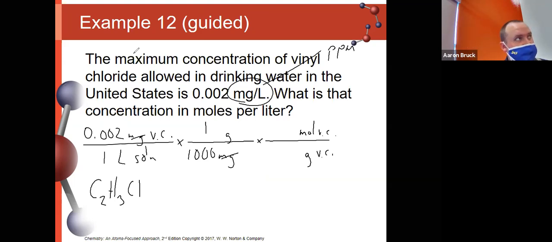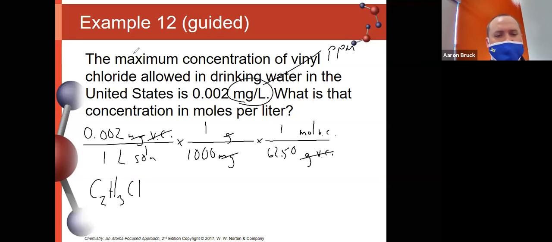So my molar mass: 12.01 times 2 plus 1.01 times 3 plus 35.45 is 62.50 grams per mole. My grams of vinyl chloride cancel.